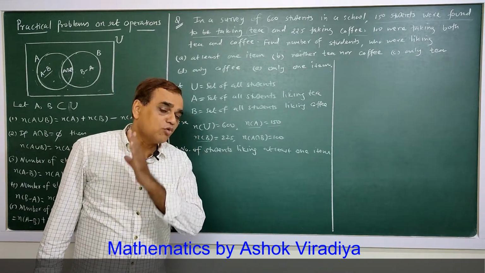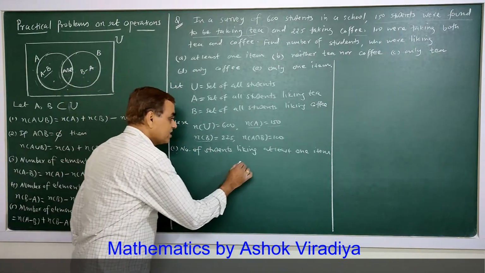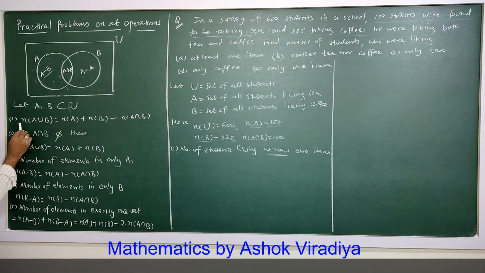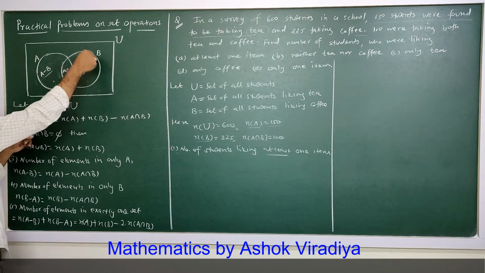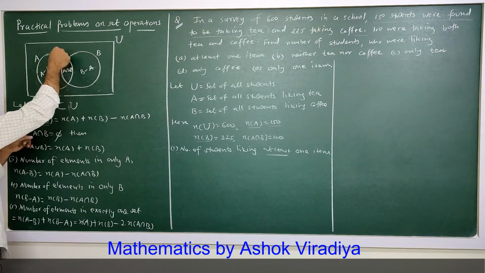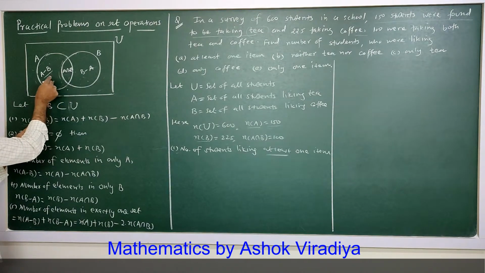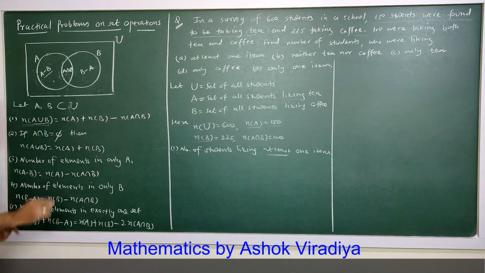One item or more than one, and here there are only two. So whenever the word at least is given, you have to find the number of elements in A union B. In this union, all the elements lying in this region are counted. So these three disjoint sets will be considered: only A, only B and common, that is at least one. So it means the number of elements in A union B.